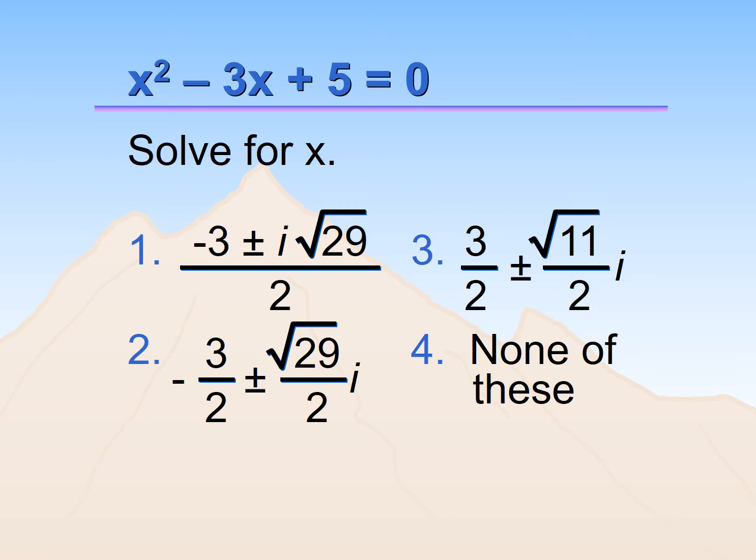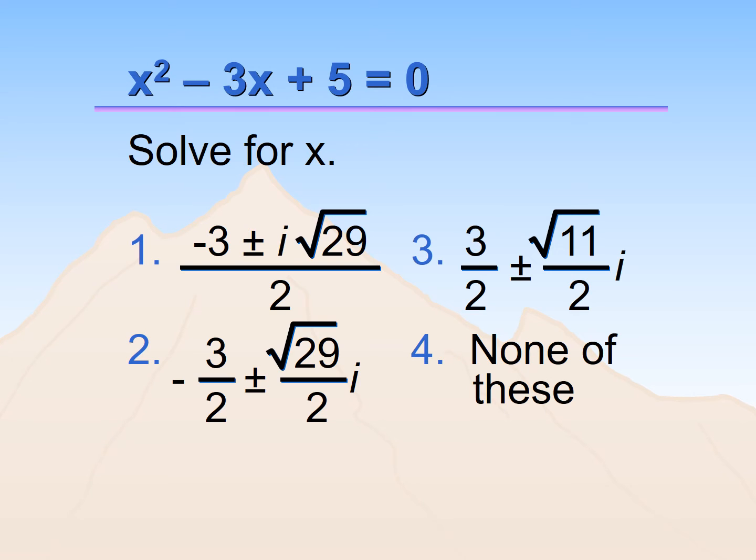So when we plug this in, we'll get x equals negative 3 plus or minus the square root of negative 3 squared minus 4 times 1 times 5, all over 2 times 1.